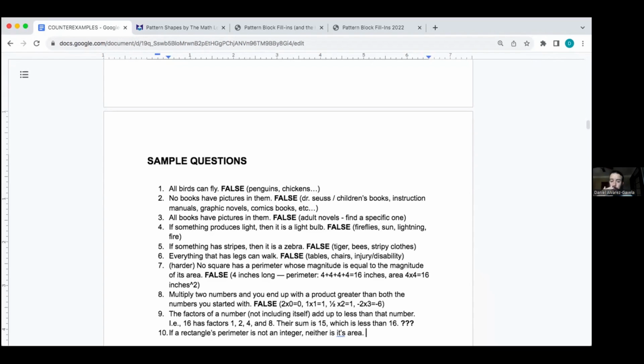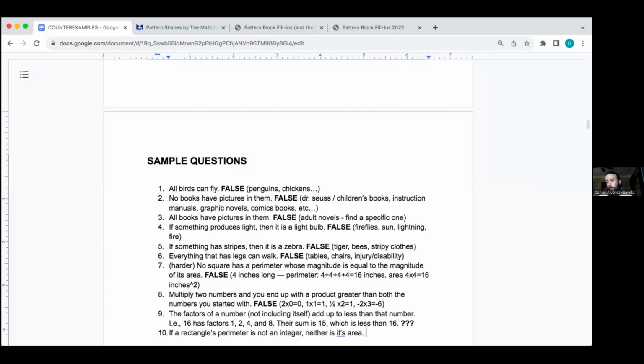Maybe it's true. Maybe whenever the perimeter of a rectangle is not an integer, then the area isn't an integer either. But if it's false, then you need to prove me wrong by telling me what are the lengths of the sides of a rectangle.